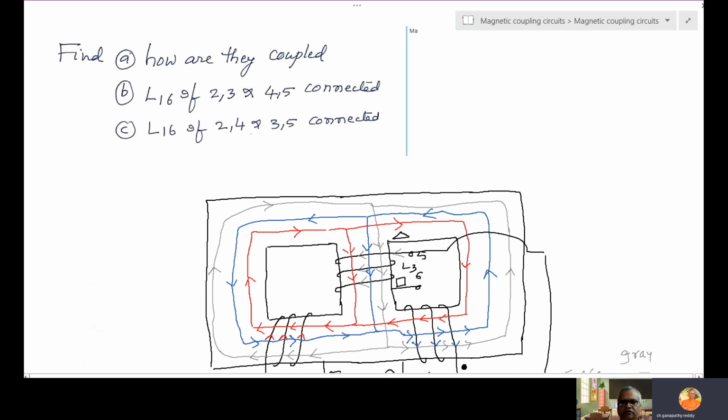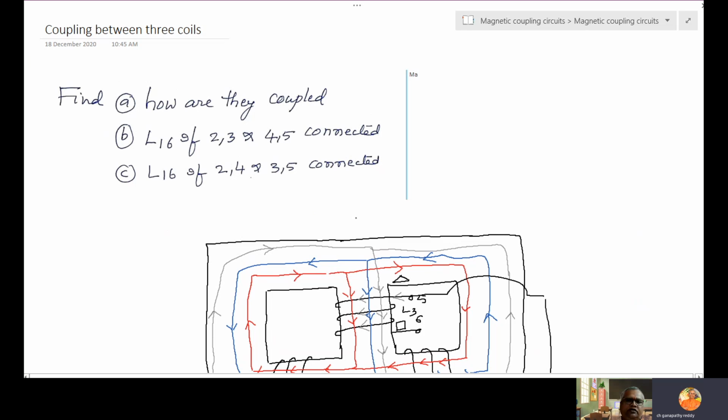So we'll stop at this point. Just the theory part is covered: the flux rule, then the dot sign convention, then the dot rule. These three were explained with the help of different examples. Now I stop here, continue next.